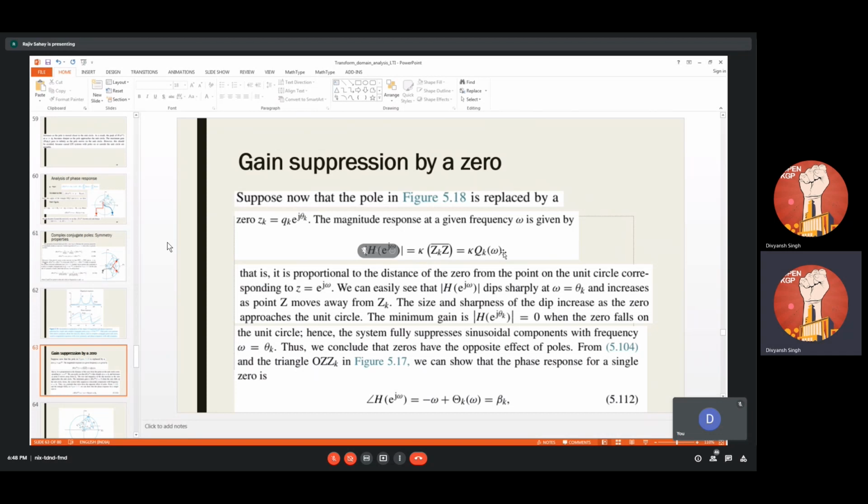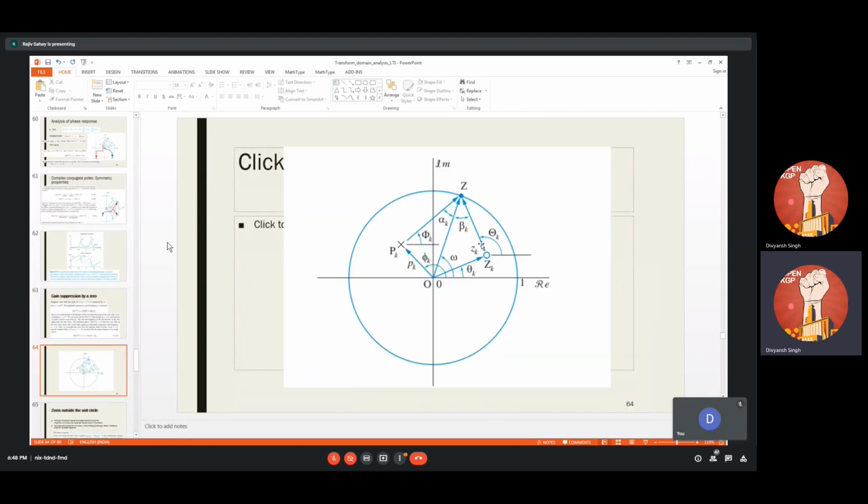Q(omega) is proportional to the length of z_k z. So as theta_k goes close to omega, your z_k z will become how much? As omega changes and comes close to theta_k, what will happen to the vector z_k z? It will decrease.